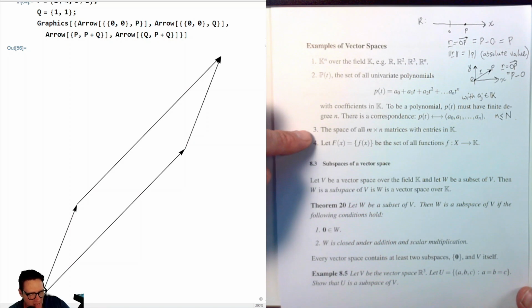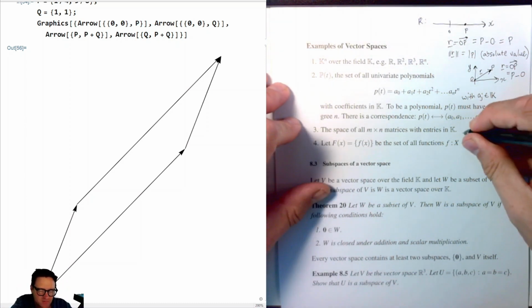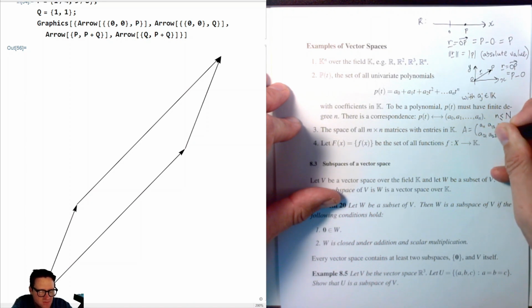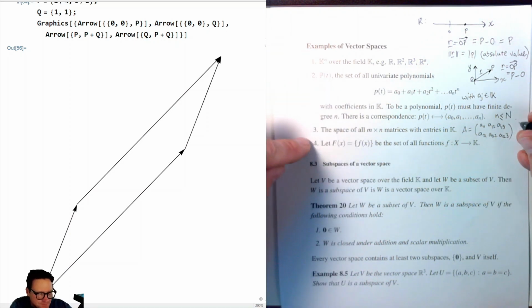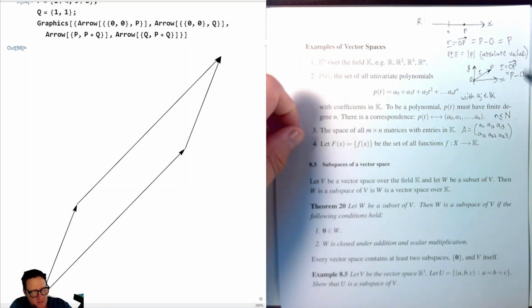Okay, the space of all m by n matrices with entries in the field K. Let's look at an example. If we take A equal to a11, a12, a13, a21, a22, and a23, this is in the space of all 2 by 3 matrices with entries in, say, the set of real numbers.